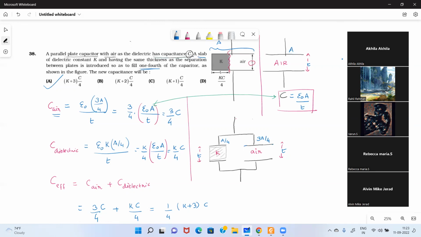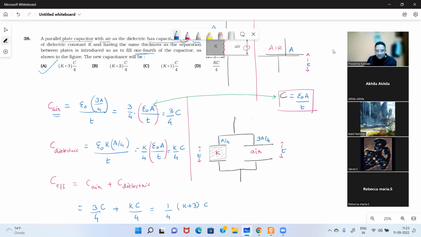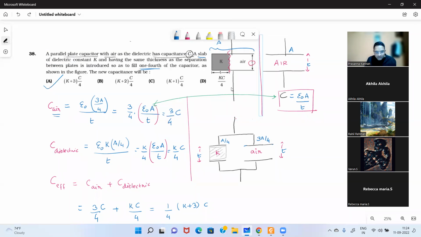Now what I'm going to do is make an arrangement like this, where I'm going to insert a dielectric whose thickness is the same as the separation between the plates, but the area is going to be different. What is the area going to be? It is going to be 1/4 of the capacitor.